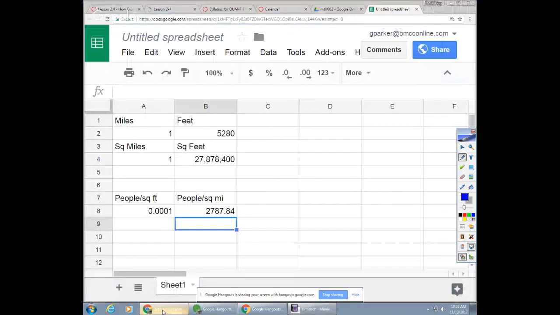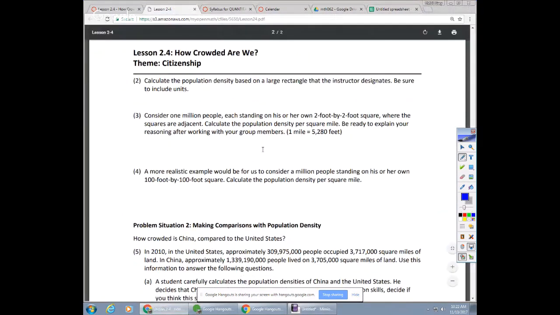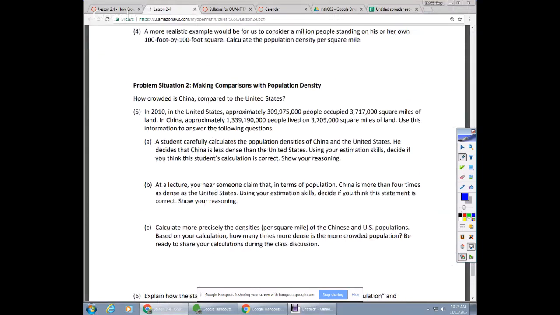For 5, we're going to try and compare China to the US in terms of population density. So write something down, make an estimation, and do a calculation.